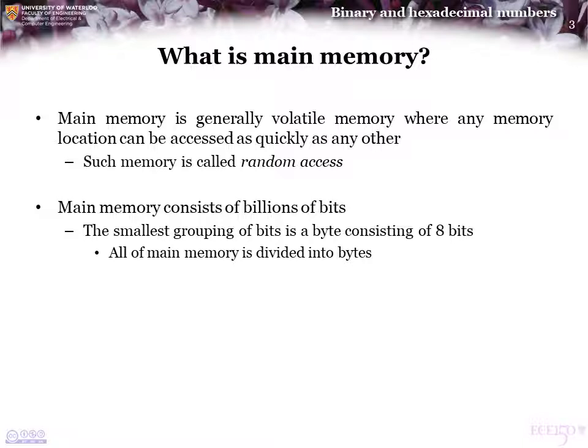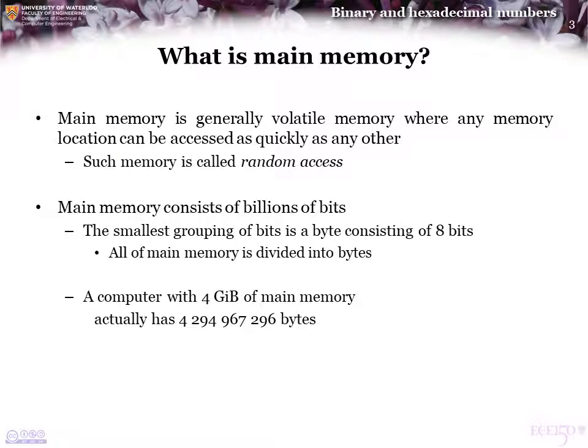So essentially, all of main memory is divided into bytes. A computer with 4 gigabytes of main memory actually has approximately 4.3 billion bytes. This translates to approximately 34 billion bits.